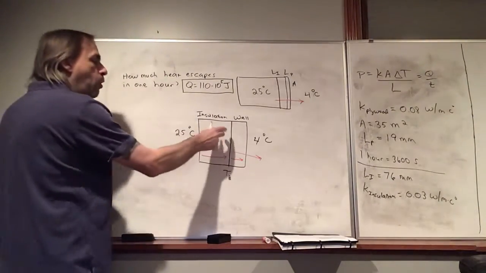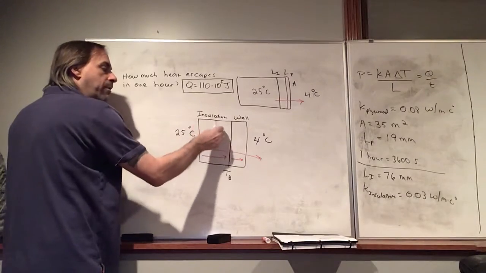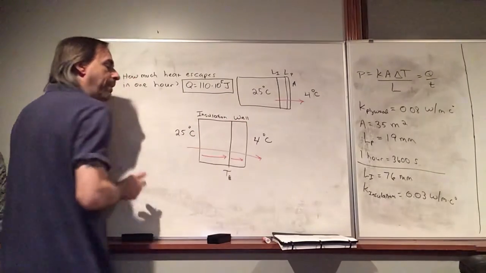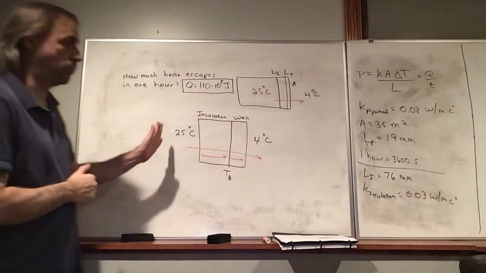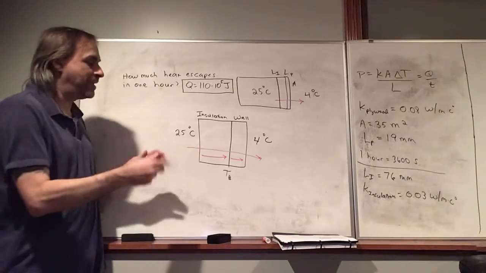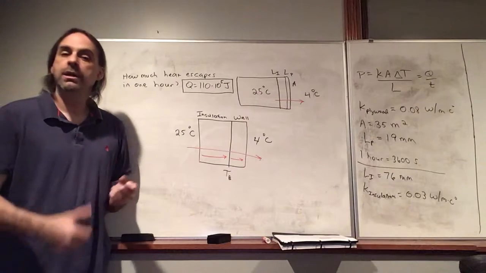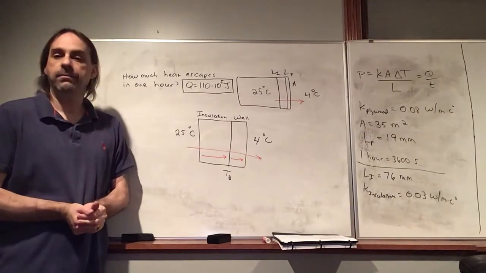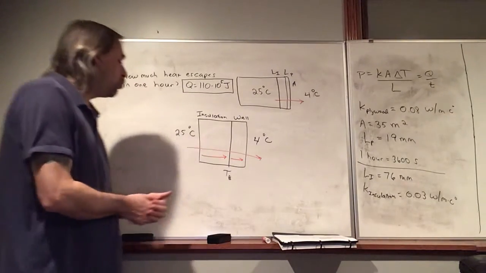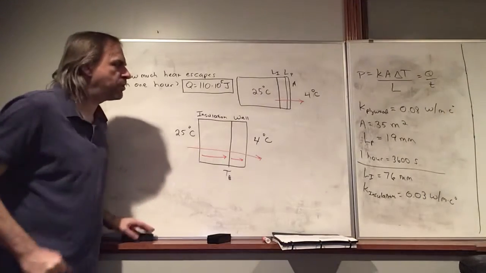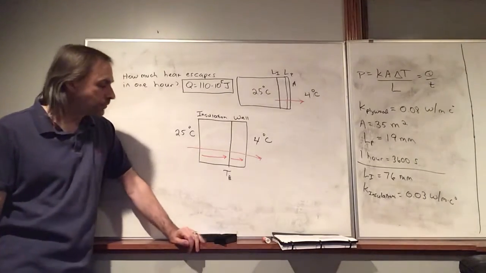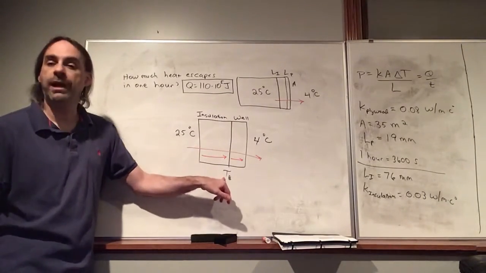That would lower the rate that it was going through the insulation and raise the rate that it's going through the wall. And so it's going to reach the state where the power is going through the 2 layers at the same rate. And so our approach to solving this problem is we're going to find the temperature at the boundary.